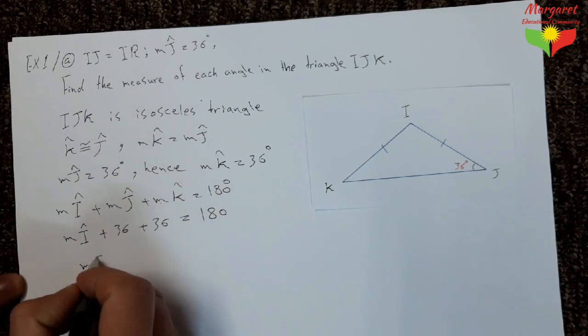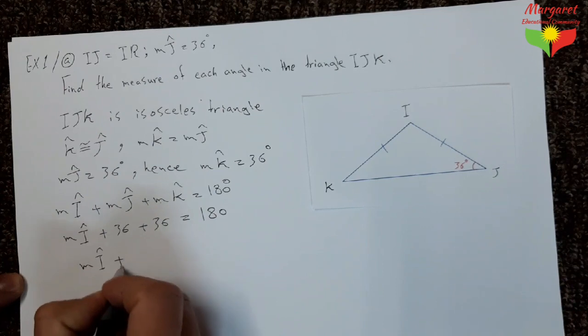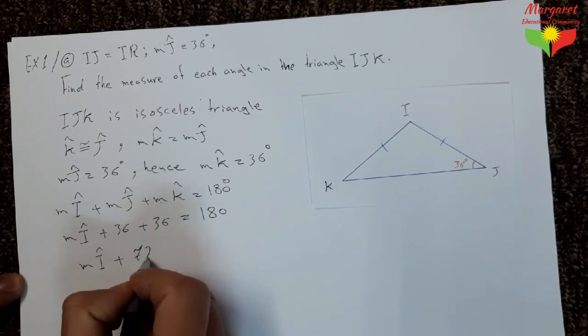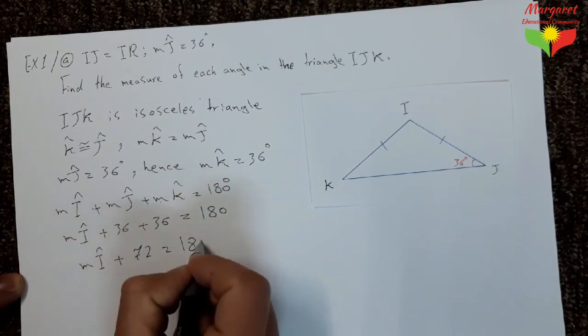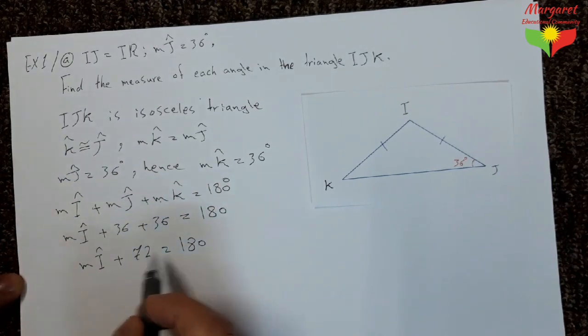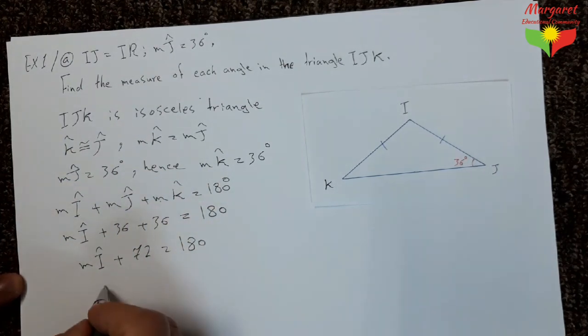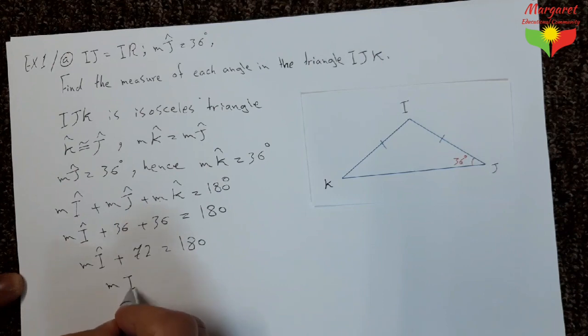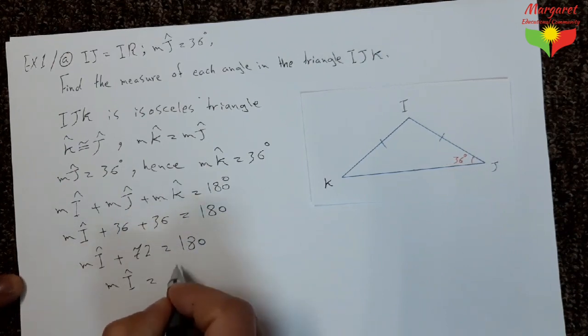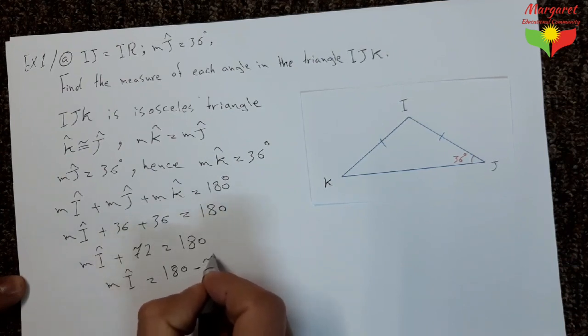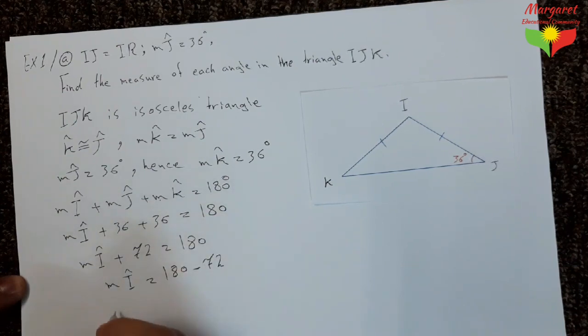So measure of angle I plus 72 equal to 180. Move to the other side with inverse operation. So measure of angle I equal to 180 minus 72.